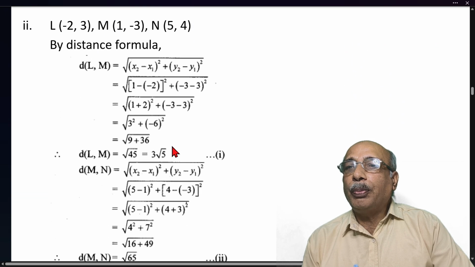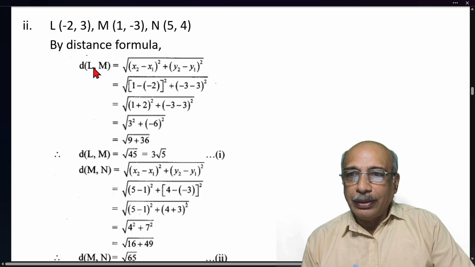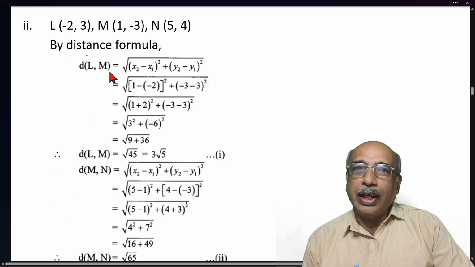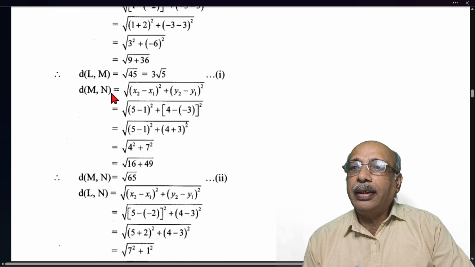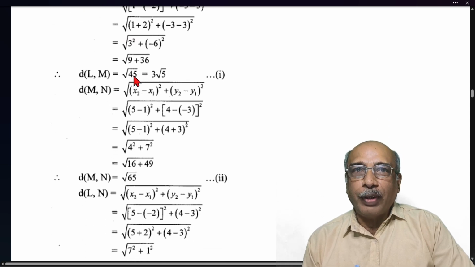Next, related to points L, M, N, their coordinates are given. We have to find the distance LM. Now we know how to find the distance between two coordinates. Calculate the distance LM. You will get root of 45, since 9 fives are 45.